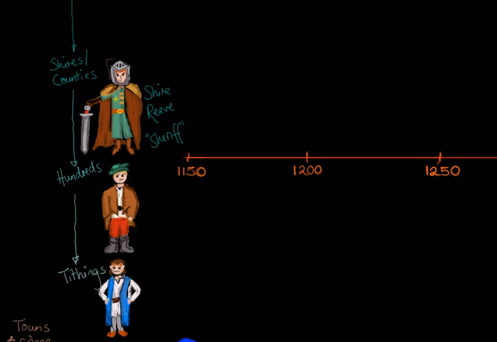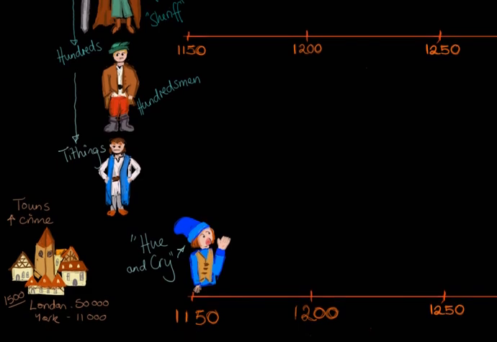The hundred would have a hundredsman, usually maybe a wealthy farmer, making sure that the hundreds were following the law, and then each tithing would have someone called a tithing man, a responsible villager. And these were appointed every year, so there'd be quite a lot of changeover between them. Also, they didn't get paid for this role, so they would do it alongside whatever their day job was.